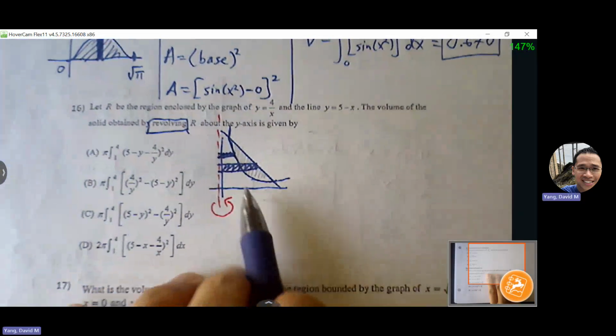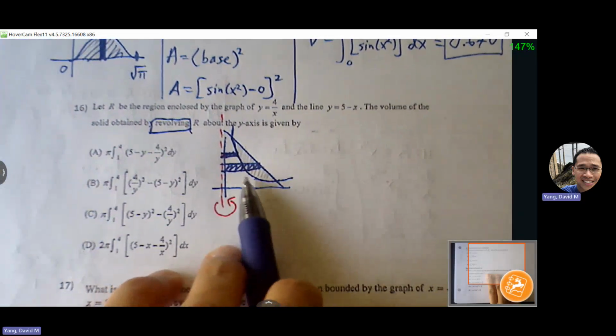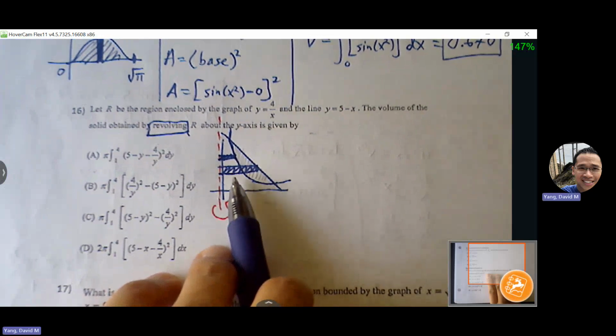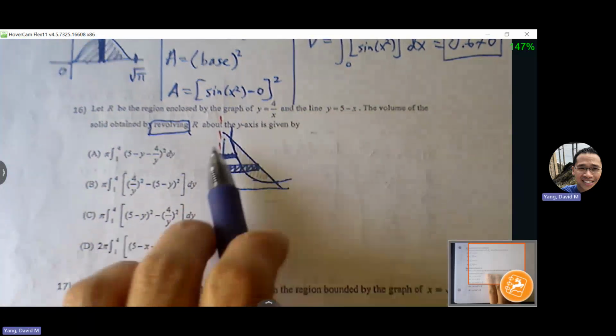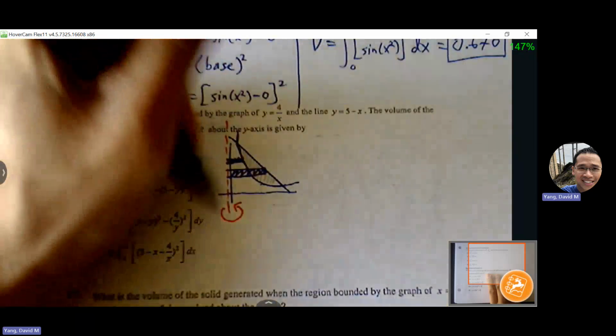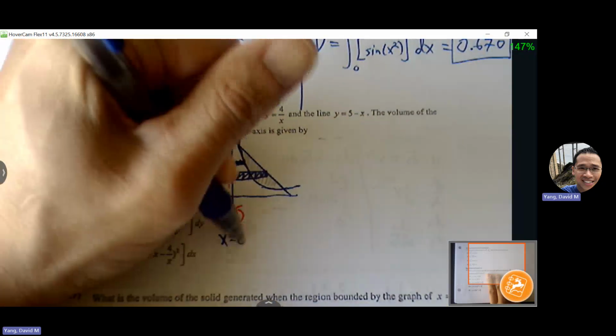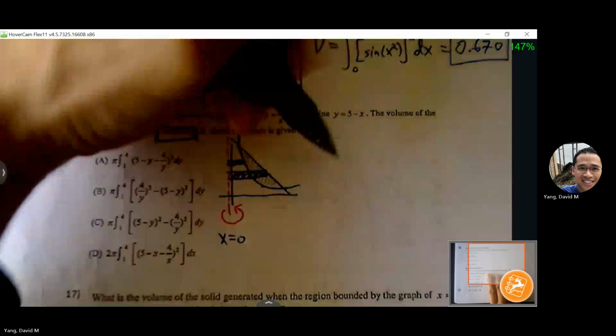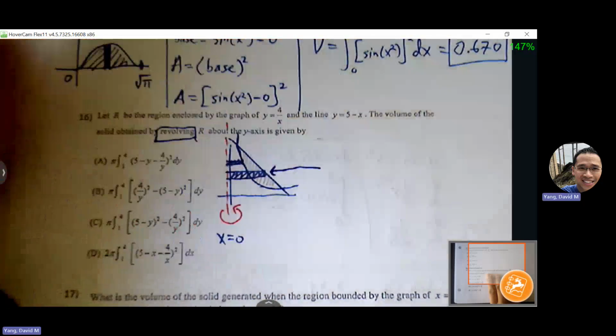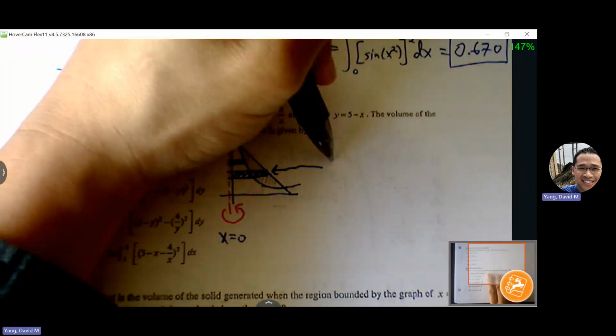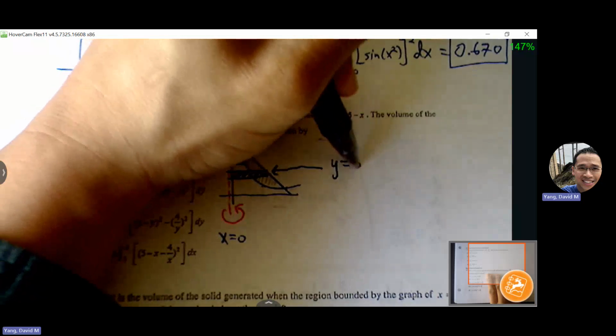And then what adjustment do we have to make because we have horizontal radii here? Yeah, the equation has to be rewritten, right? They all have to be in a certain form. So this y-axis is just x equals 0. So that's 1. The linear equation, need to rewrite it. So initially it was y equals 5 minus x.